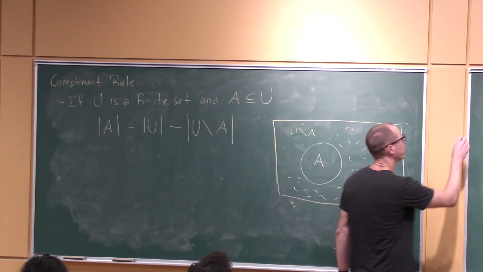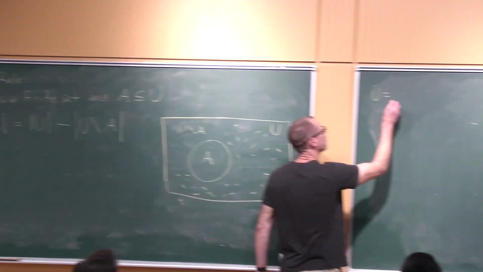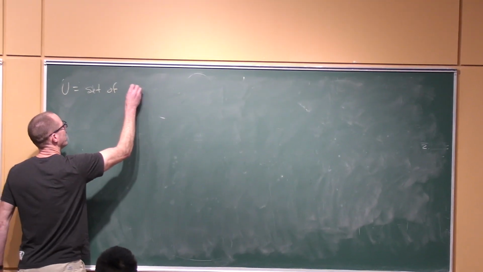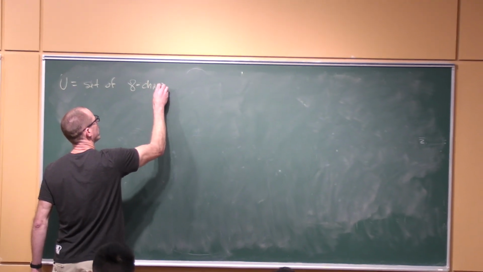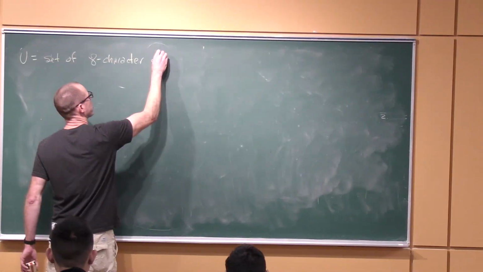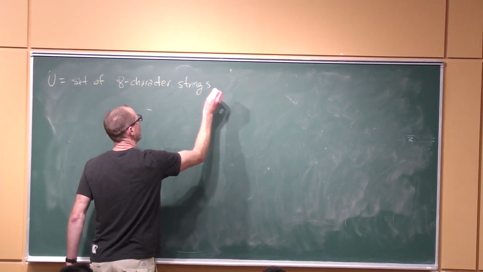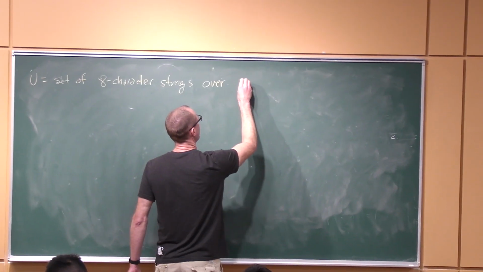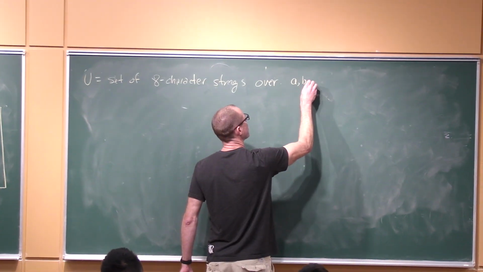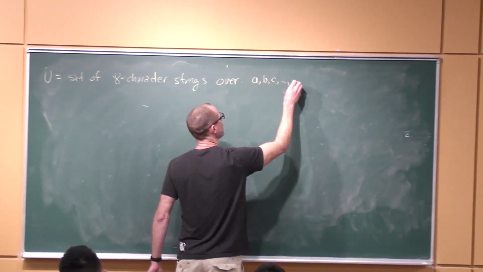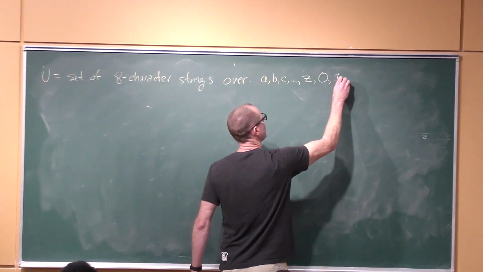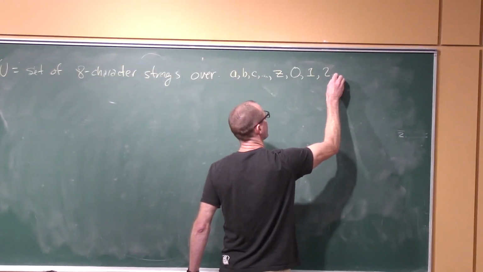Let's say U is equal to the set of 8-character strings over the lowercase English alphabet and the digits 0 through 9.